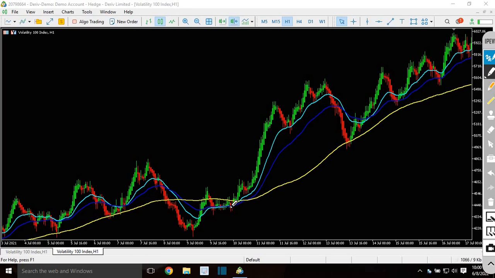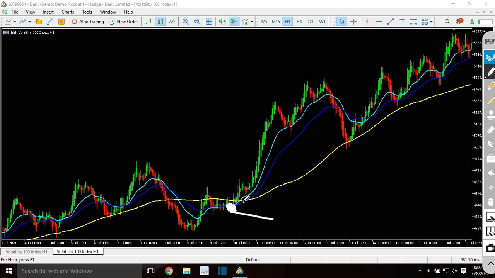The 20 exponential moving average and the 40 exponential moving average have to have a crossover, and this is the crossover that I'm talking about, right? So when the 40 exponential moving average crosses below the 20 exponential moving average, that is a signal for you to buy.